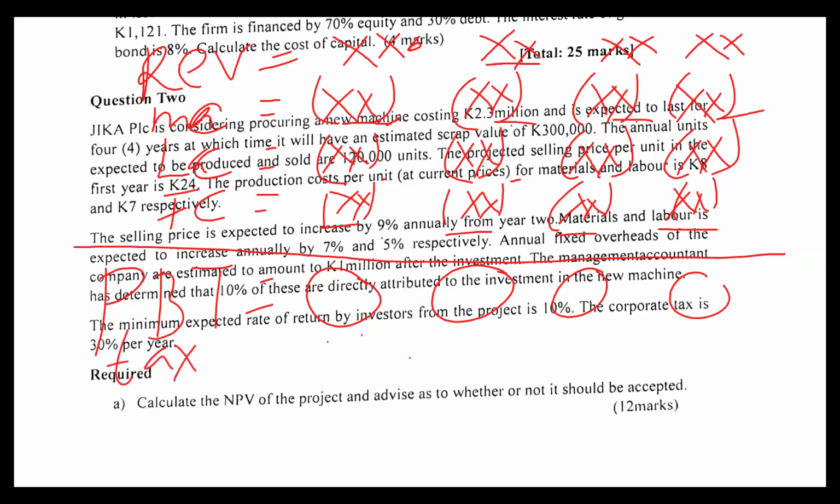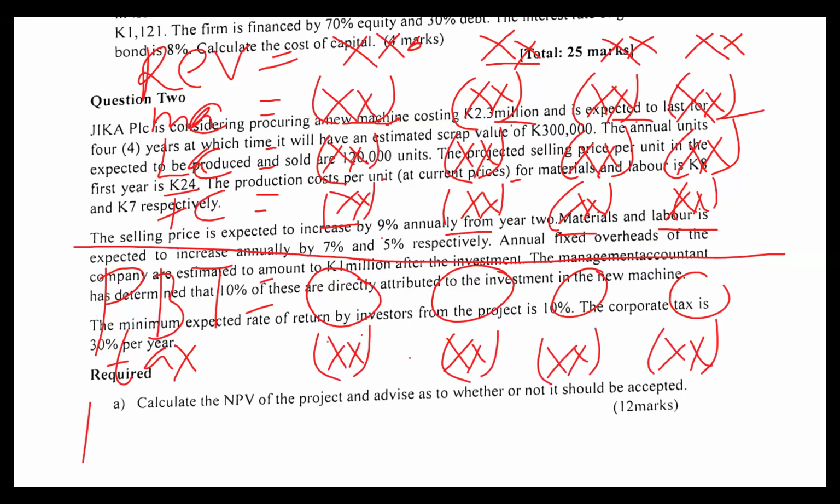Less tax here, less tax here, and deduct tax here, and here. Then what you remain with is the profit after tax. This is what you consider the cash flow, right? This is the cash flow that you're going now to use for your NPV.